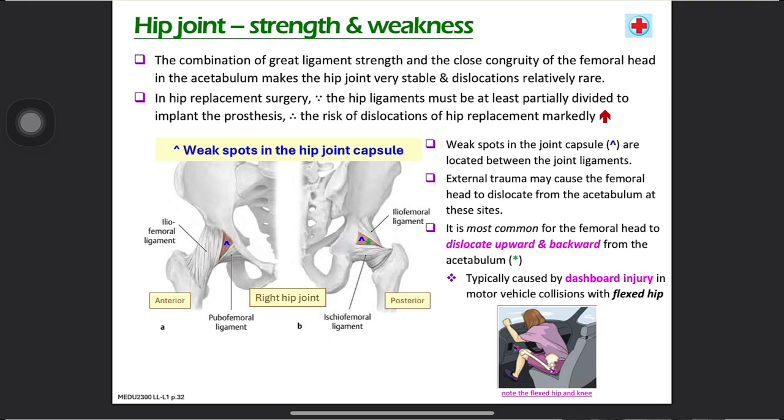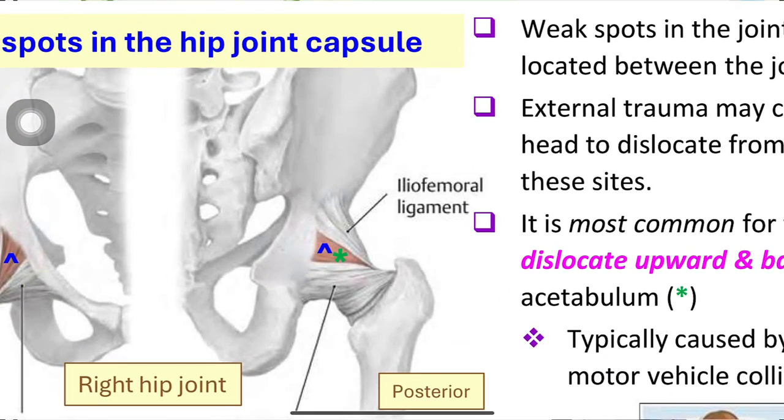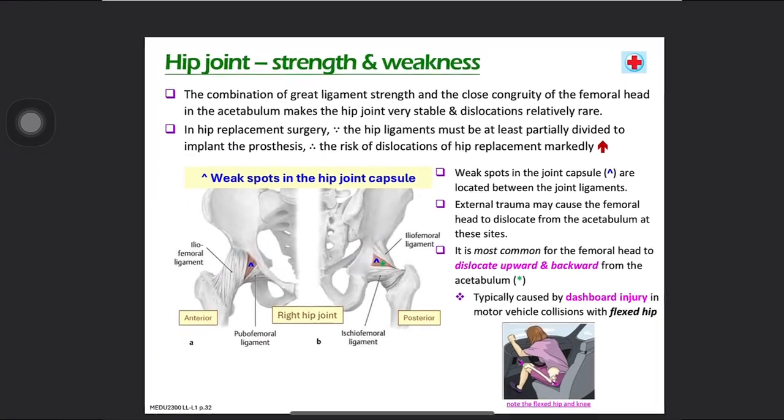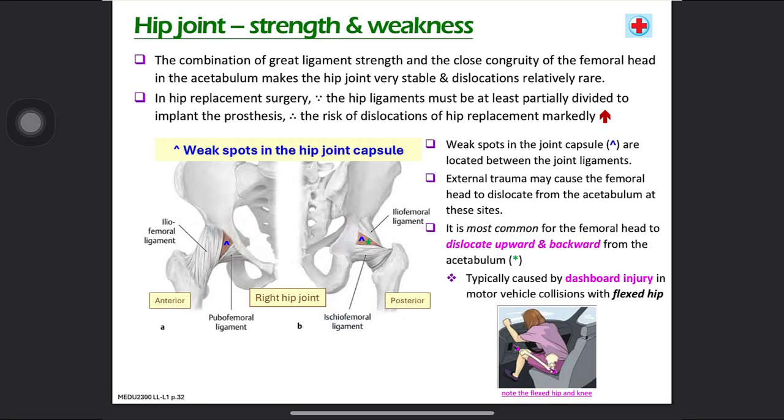Okay, so most of the time it will work from the posterior approach. So the hip ligament must be at least partially divided to implant the prosthetics. So the risk of dislocation of hip replacement, after the replacement, will remarkably increase because you loosen the ligament and then you put the metal inside to replace the joint.